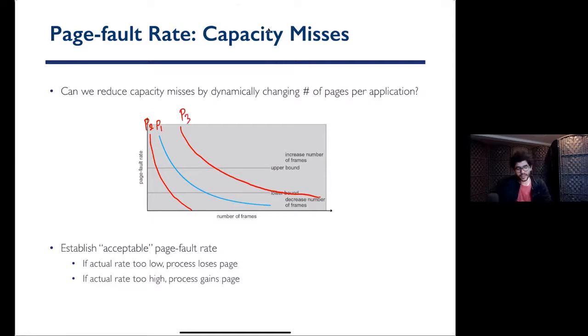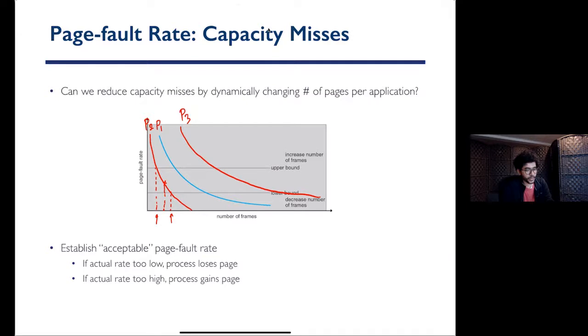So if you have this curve, well, you can easily look at these two to identify the minimum allocation for P1 and the maximum allocation for P1, right? Because as long as you allocate anything in here, your page fault rate is within the range and you're safe.